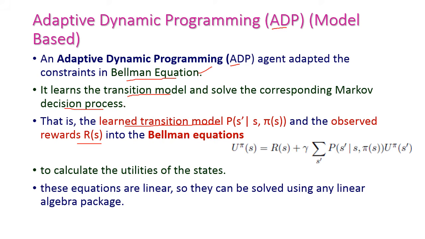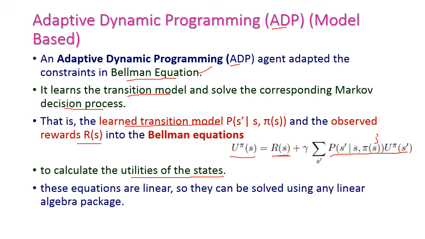The transition model is used to find the next expected state, that is the predicted state, and the reward points. The combination of these two things will calculate the utility of the corresponding state.